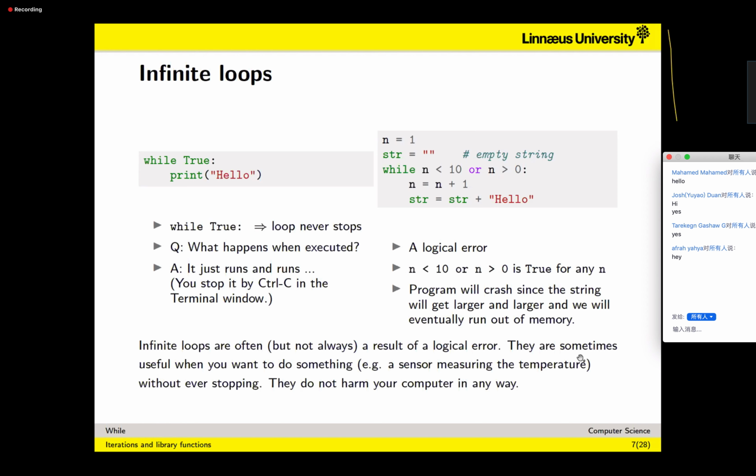However, there are situations when you want to do something like this. For example, if you have an embedded system and the embedded system should just measure temperature in this room. And then we turn on this device, and in the perfect world, it will run forever. It will measure the temperature every minute.